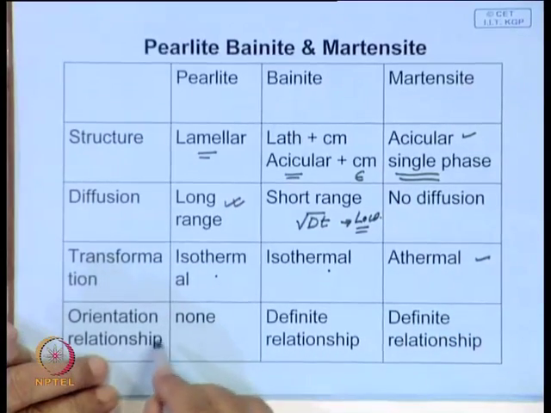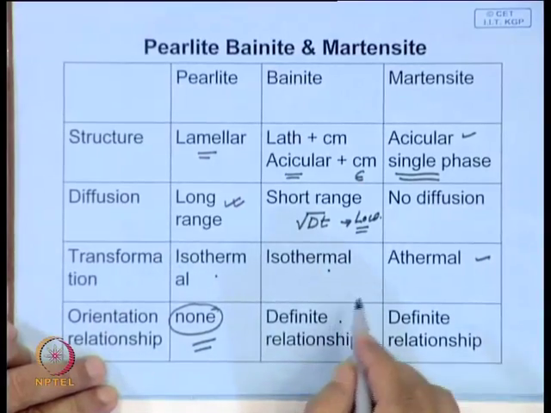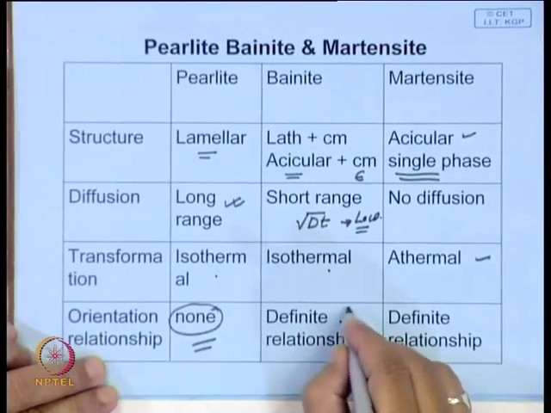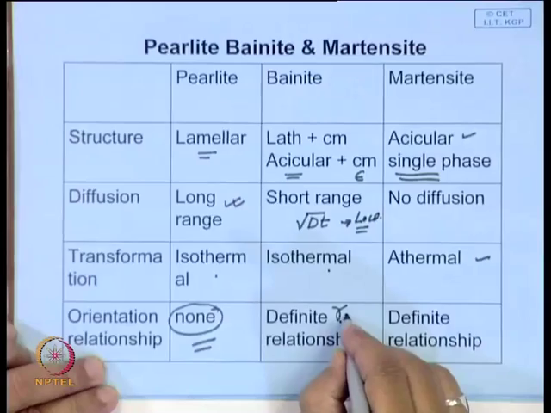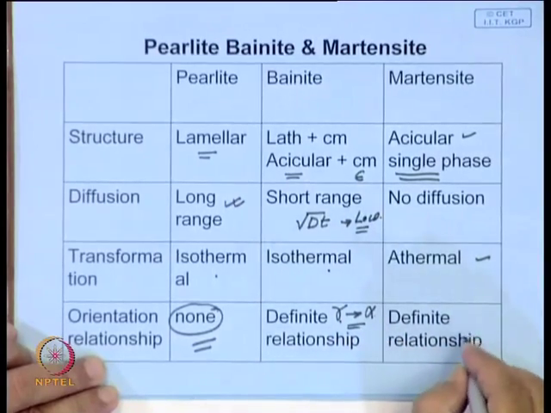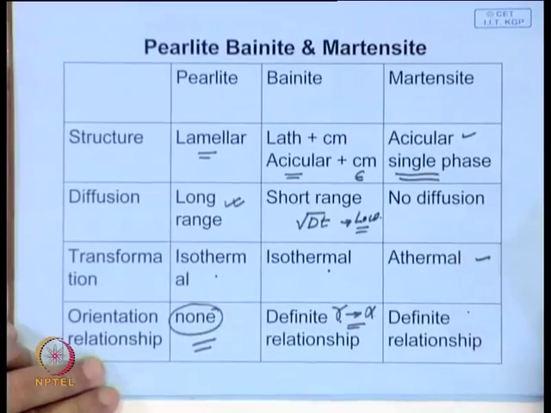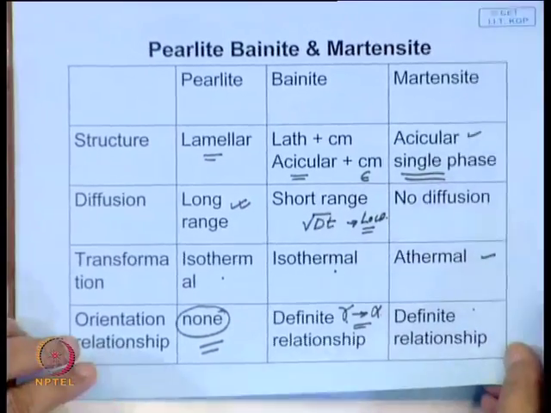Orientation relationship: here there is none, whereas here there is a definite orientation relationship between austenite and the ferrite lath that forms. Here also there is a definite orientation relationship. You have one kind of orientation relationship in lath martensite, another kind in acicular or plate martensite.